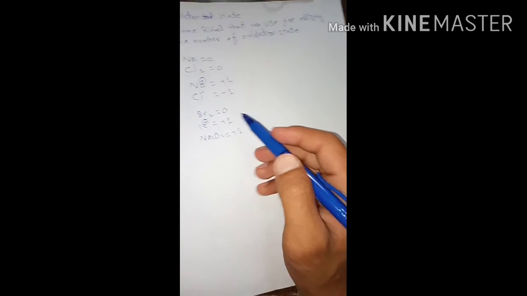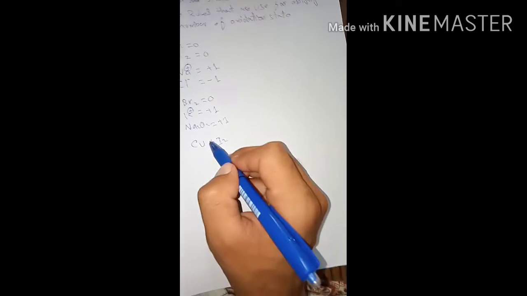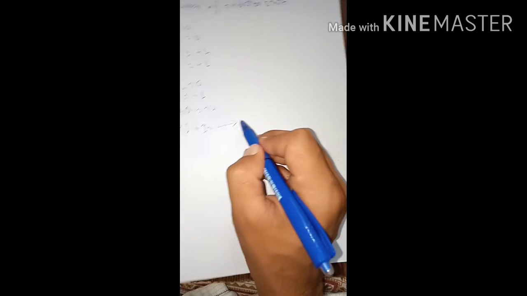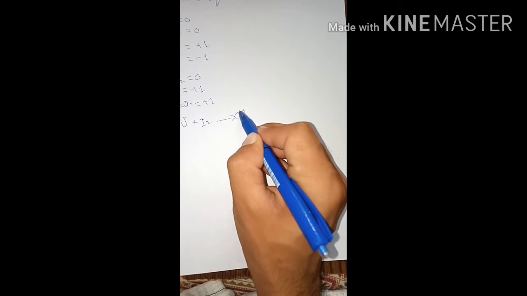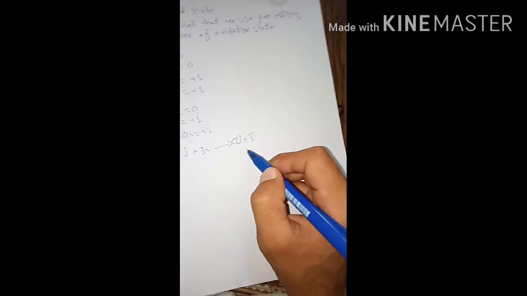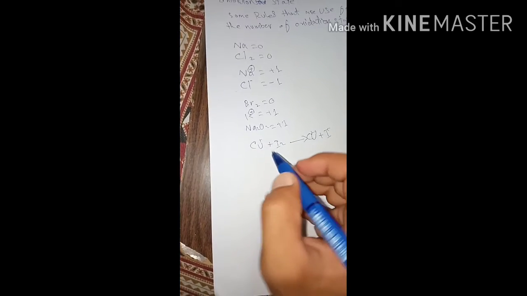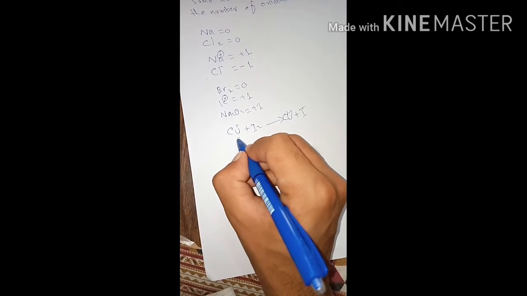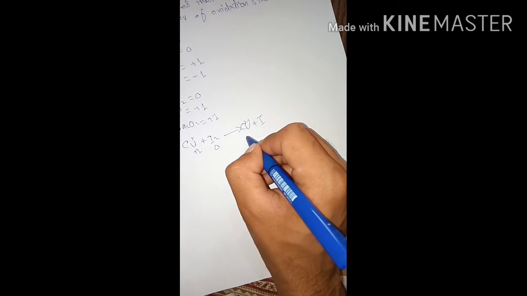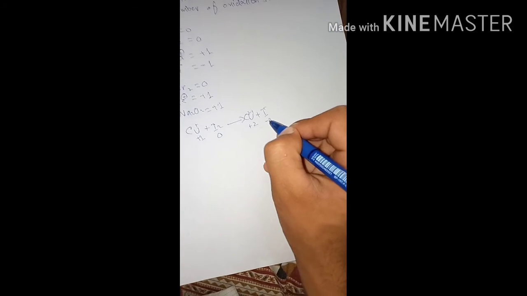By using these rules, we balance a redox reaction equation by the electrons gained or lost in the reaction. If we see an example, copper, 2Cu, reacts with I2, it forms Cu plus 2 and I negative. So in this reaction Cu carries +1 oxidation state, I2 has 0, and Cu plus 2 carries +2 oxidation state, and I carries -1 oxidation state.